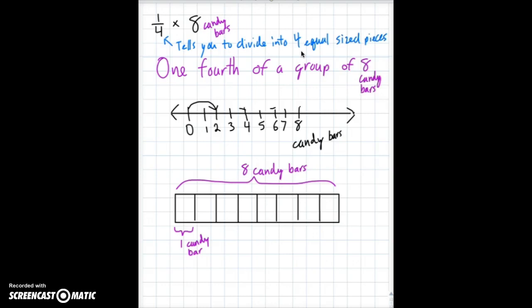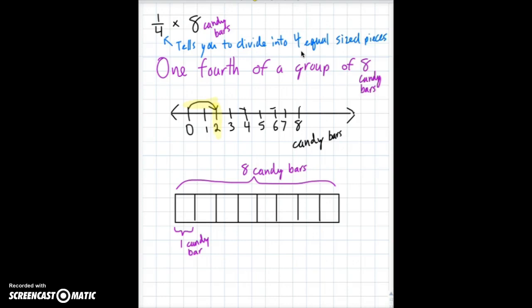So, this is our 1 equal sized piece out of 4. And you'll notice that it's 2.